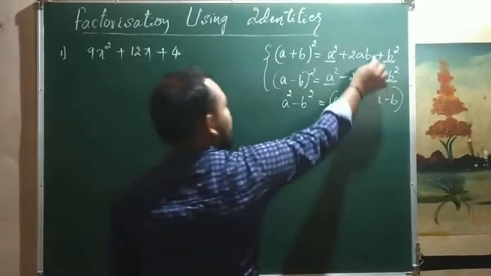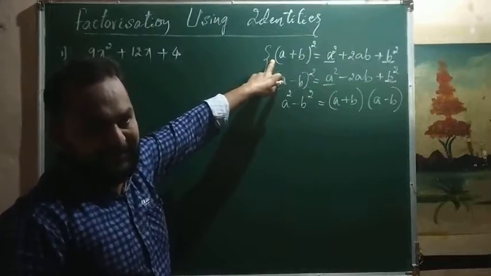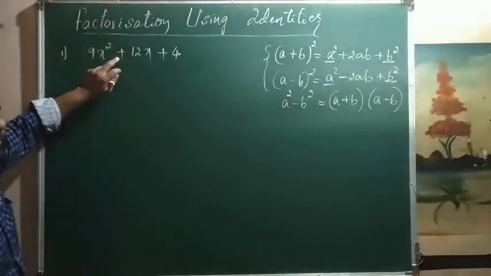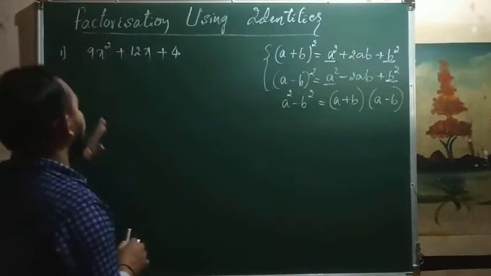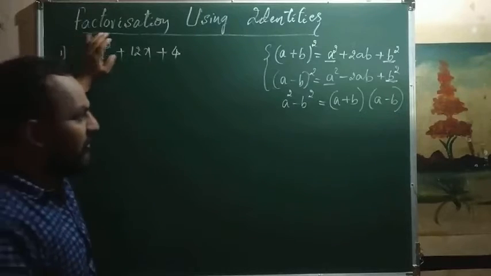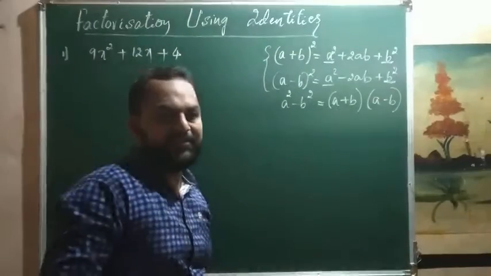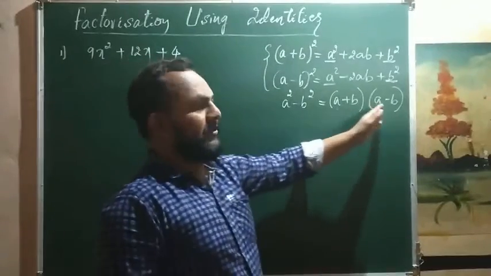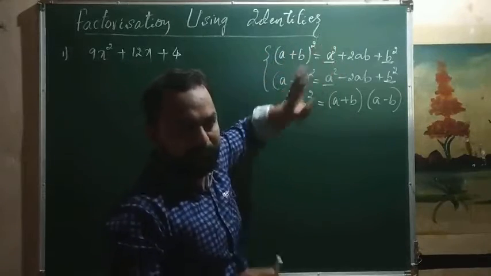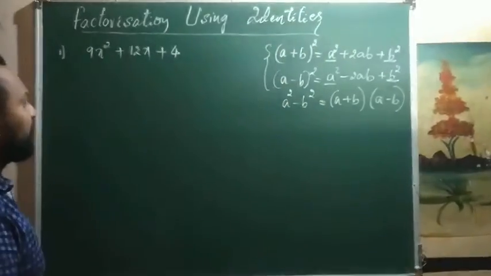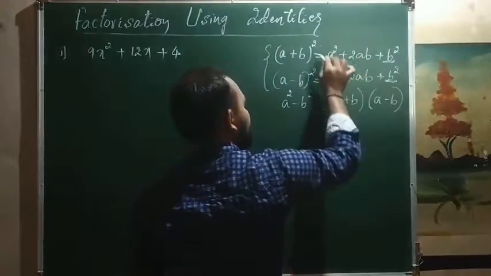It means the sign of the middle term is positive, so which identity should we use? The first identity. In the first identity the sign of the middle term is positive; in the second it is negative. This is a trinomial expression, so we can use either of these two. We cannot use a plus b and a minus b, because that is a binomial multiplied by a binomial, while this expression is a trinomial. Second, we look at the sign of the middle term.